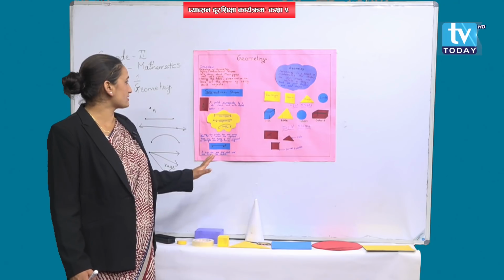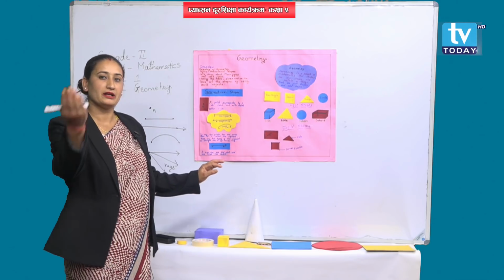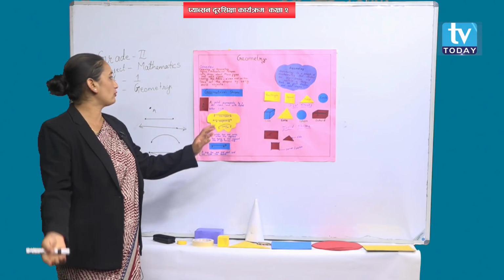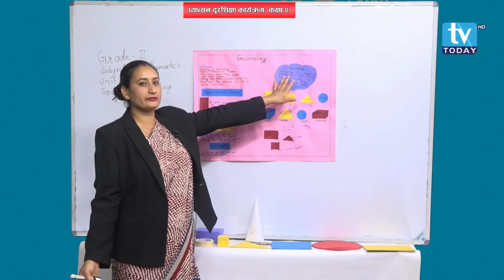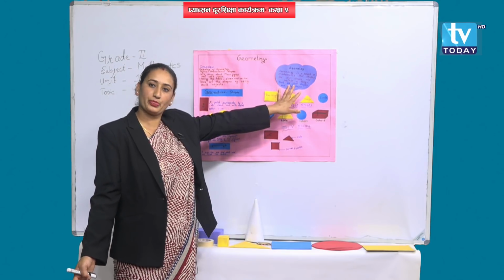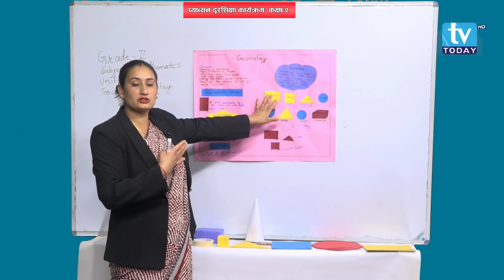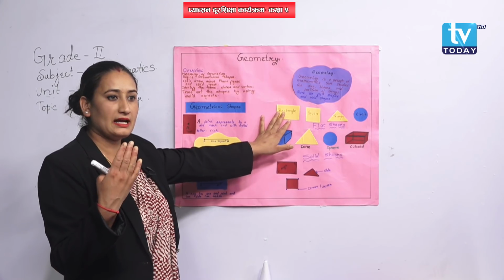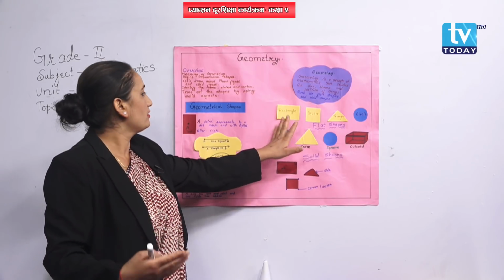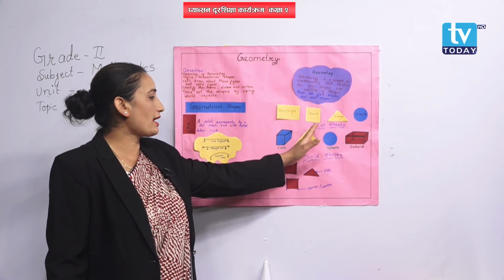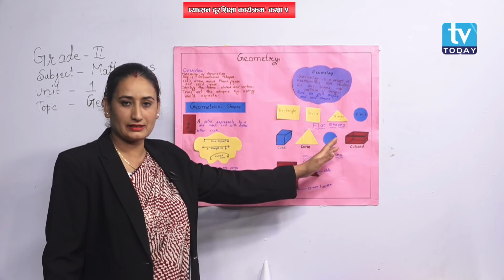Okay, students, let's recall. We have learned the meaning of geometry. Done. Then we have seen from the chart, only from the chart, rectangle, square, triangle, circle.